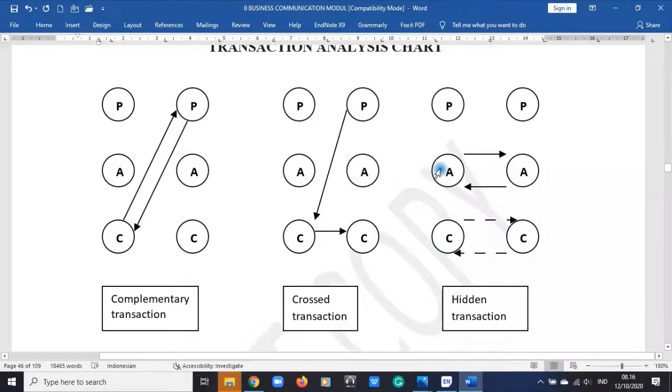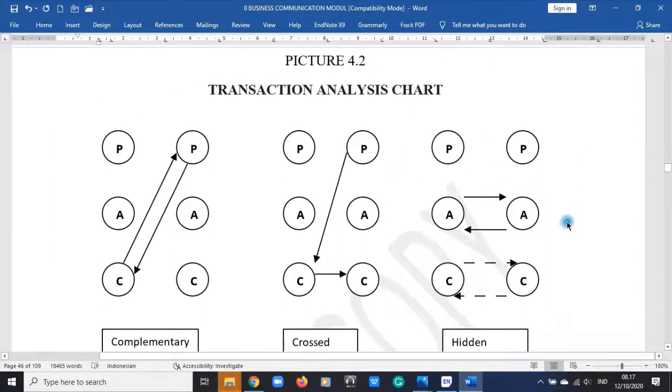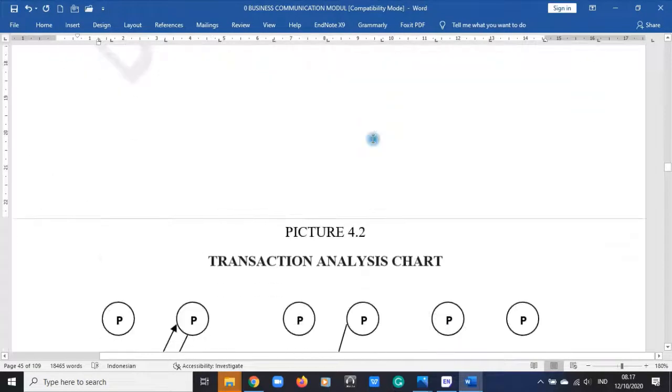This person asks his friend to study, but inside the transaction something else is happening. Actually, they don't want to study together, but they want to play. So the hidden transaction is happening at this stage. So that's the chart of transaction analysis.